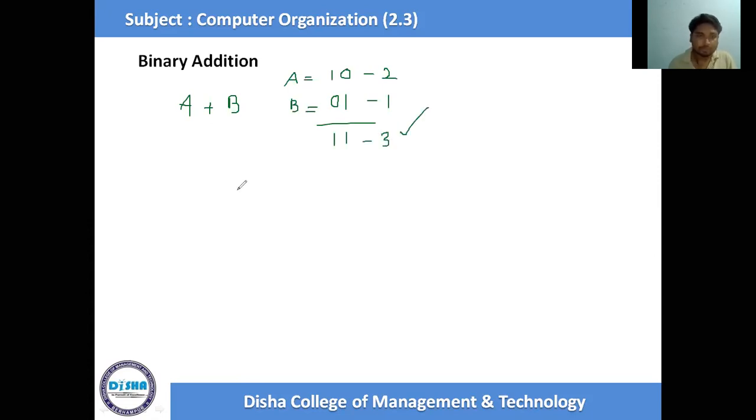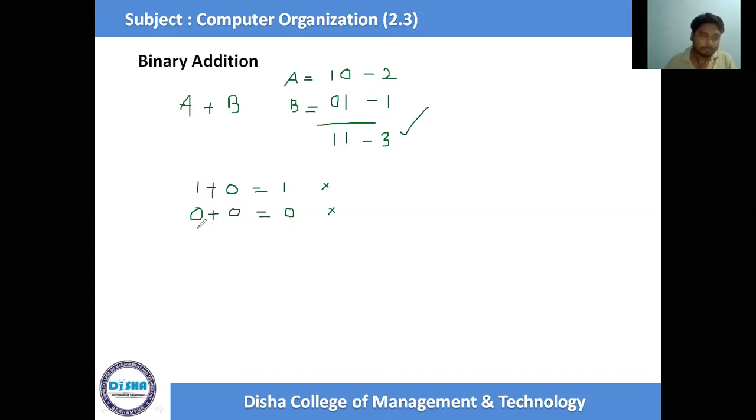So it means that if we add 1 plus 0, the result is 1 and no carry. If we add 0 plus 0, then the result is 0 and there is no carry.